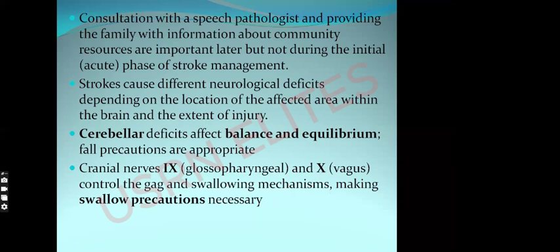So people with stroke like this can have cerebellar deficits that affect their balance and equilibrium. And when that happens, we have to institute our fall precautions. We know our fall precautions. We lower the bed. I don't know whether they are on this slide.